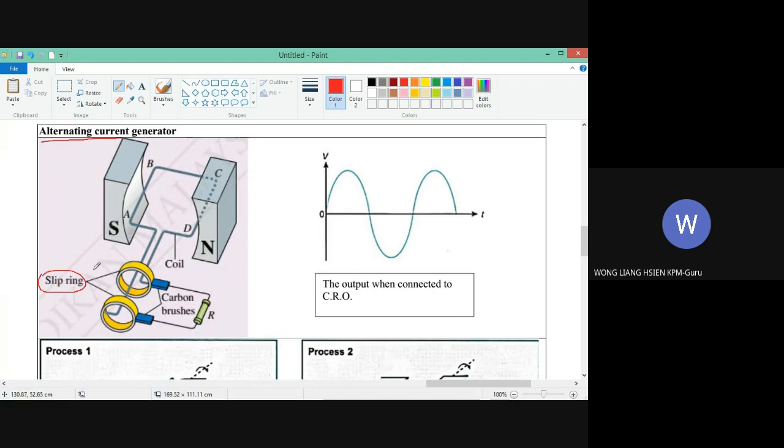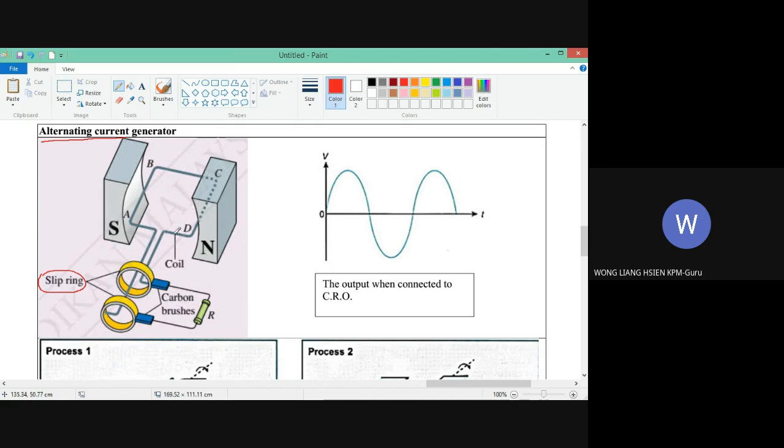The commutator changes into slip rings. In the coil ABCD, the AB side connects to one slip ring, and the CD side connects to another slip ring. So you have two slip rings, each connected to one side of the coil.